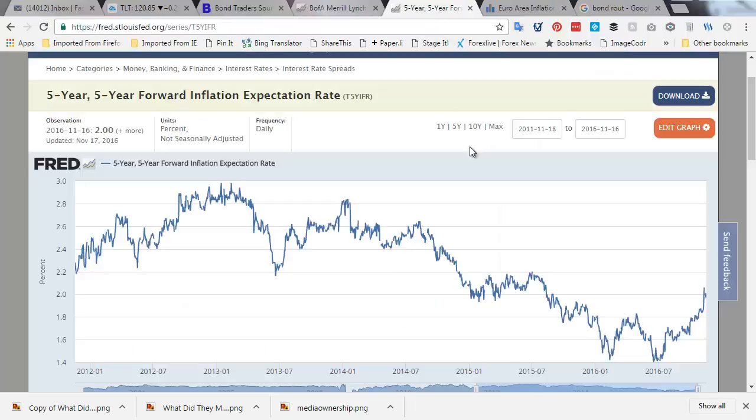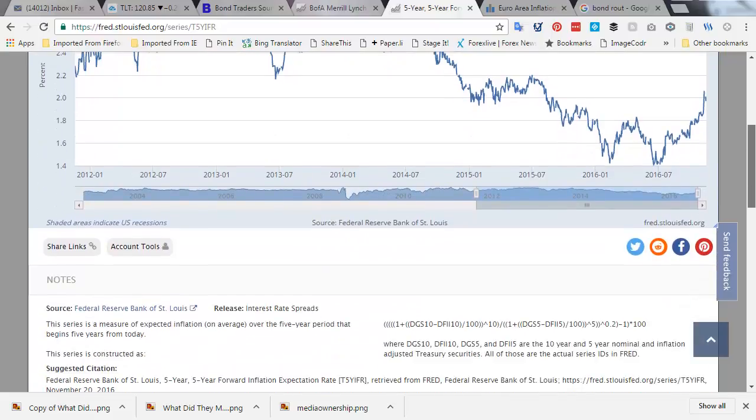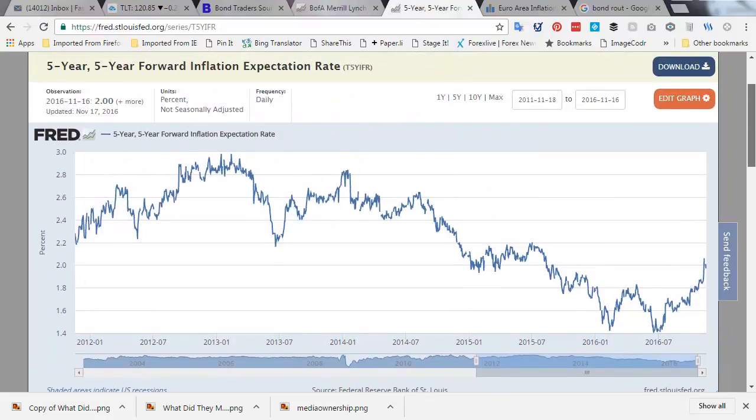And then the last chart I want to show you is a chart from the St. Louis Federal Reserve. They have a massive amount of data, and this is what they call the 5-year forward inflation expectation rate, and the definition given to us is a measure of expected inflation over the 5-year period.